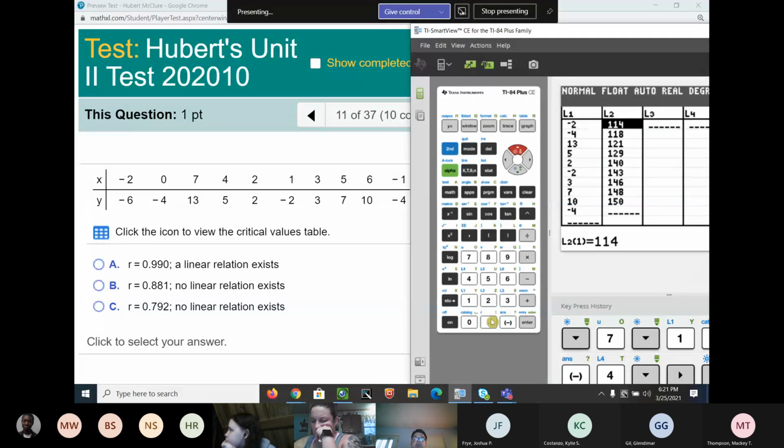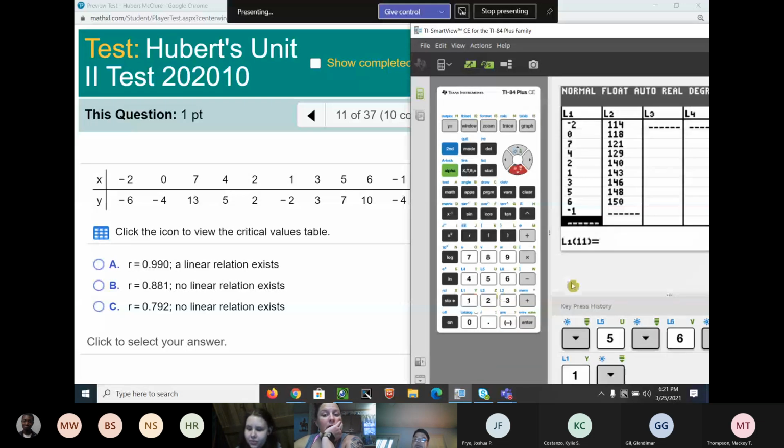All right, so I have to type in a -6. Wait a minute. Shoot. -2, 0. Thanks for telling me. 7, 4, 2, 1, 3, 5, 6, and -1. Appreciate y'all telling me that I was punching in the wrong numbers. Oh yeah, that's right. Y'all don't talk to anybody. I was too busy trying to do the problem on paper.